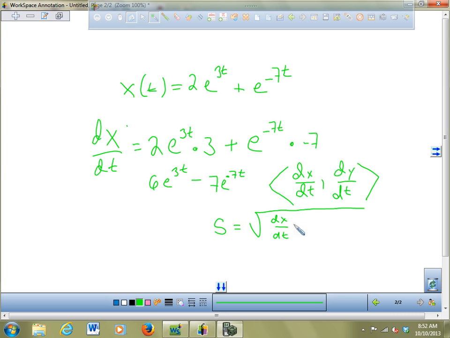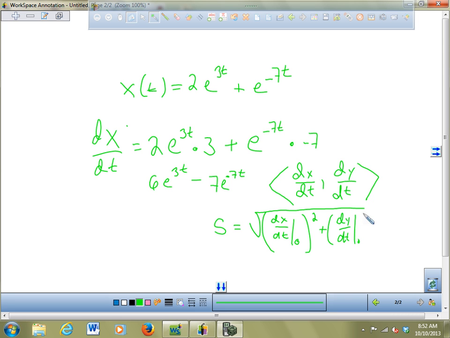So in that case, you're going to evaluate it at a particular point. I think it is at 0. Is that what they say? At t equals 0. So you're going to evaluate dx/dt at 0 and square it, plus dy/dt at 0 squared.